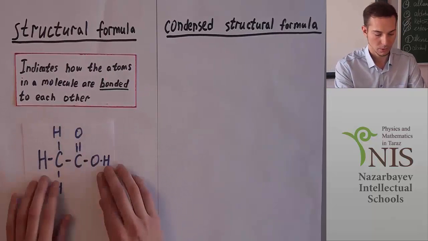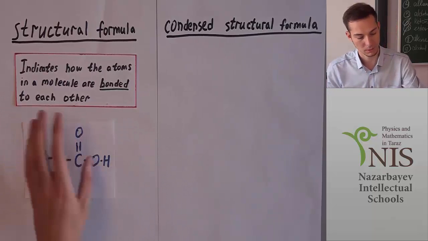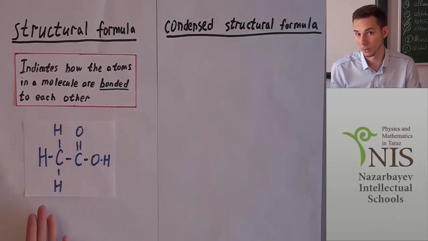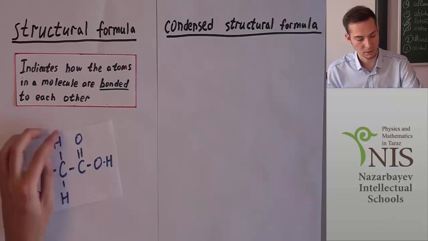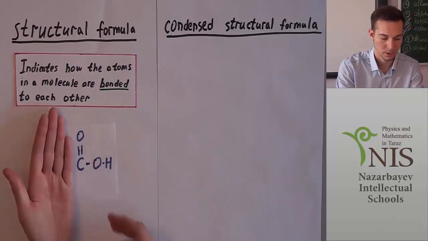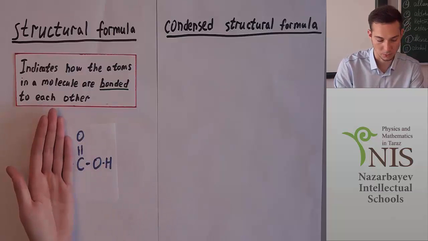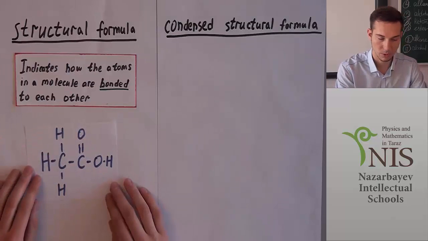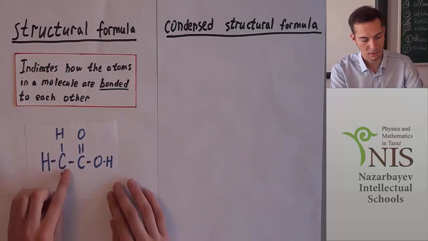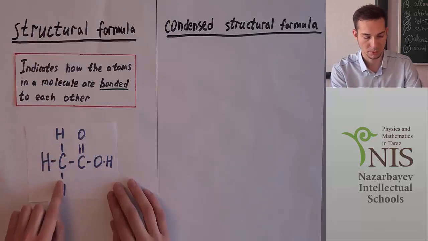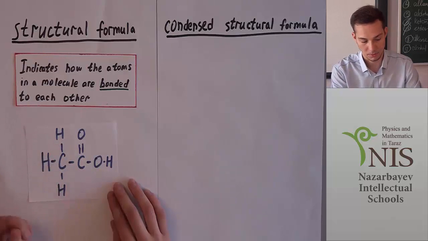Let's try to find what is the compound. As you can see here, we have hydrocarbon radical and we have carboxylic acid functional group. Now, if you look at this formula closely, you will see that in each case we have dashes, which represent the bonds.